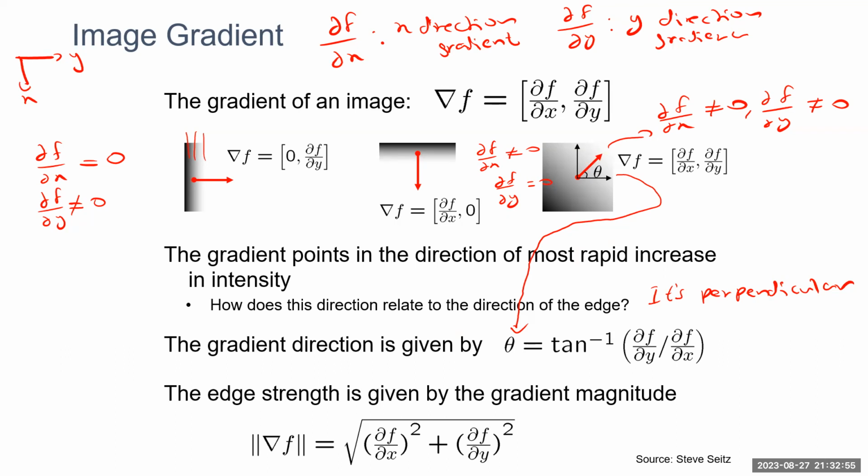If the gradient magnitude is very strong, very large, then there's a possibility that this can be an edge. But just because there is a non-zero gradient, we cannot conclude that there's an edge. I hope that is clear to you. Keep that in mind, so you can specify that.